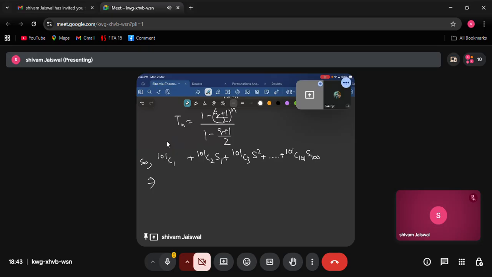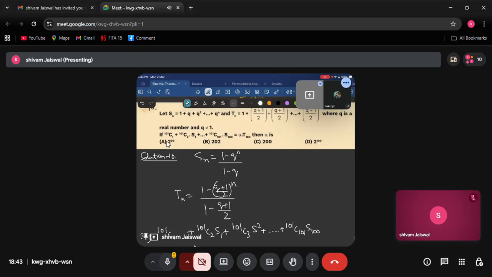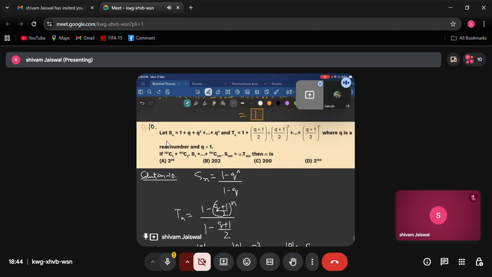Okay, next. So this will give us 101C1 plus 101C2 into S1. What is S1? S1 will be q to the power n plus 1, because there are n plus 1 terms.